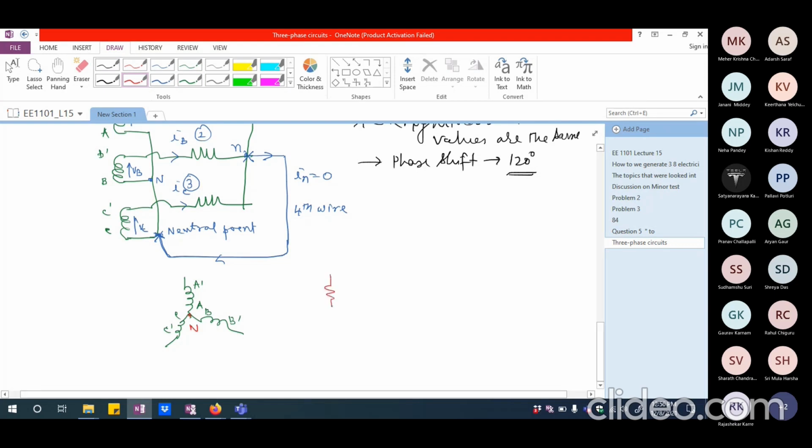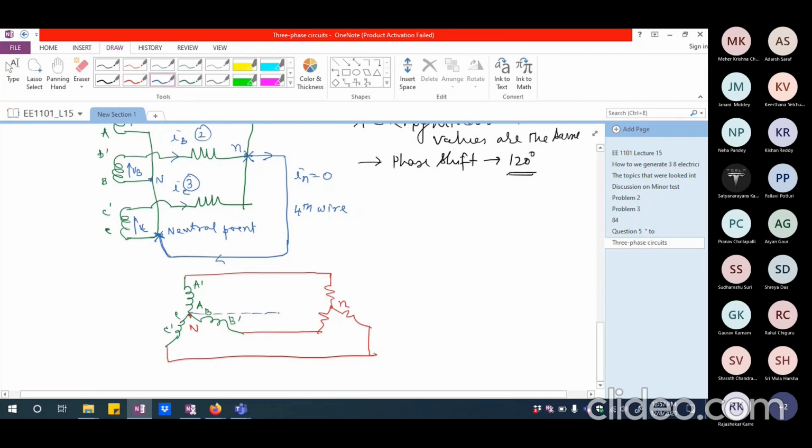And I can again have the resistances connected in star or delta. It doesn't matter. From here, I can connect it to this, and from here, I can connect it to this, and the third one can be connected here. Okay. Now this point I'm calling small n. These two, if you want, you can connect.